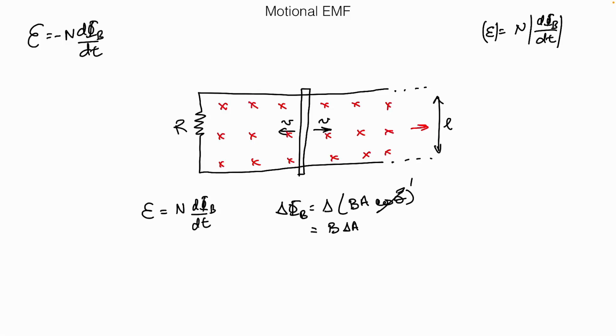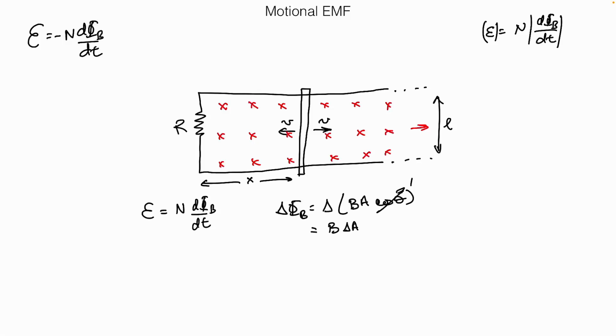Well, let's call this distance x. So what would be the area of the loop right now? X times L, just a rectangle.